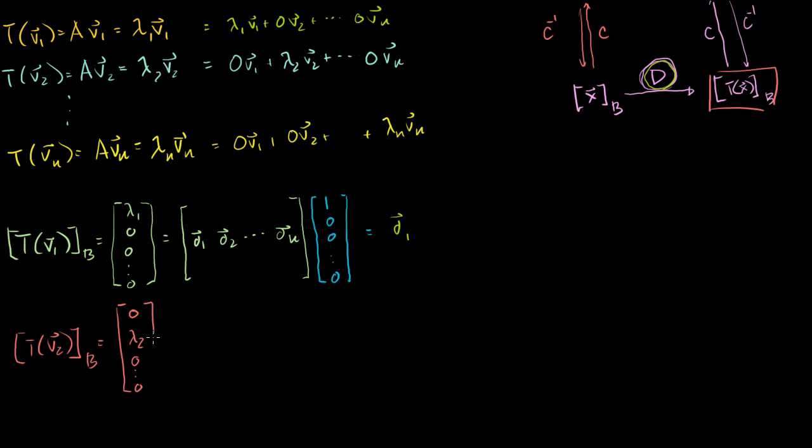That's the same thing as D, with columns d1, d2, all the way through dn, times the B representation of vector v2. Well, v2 is one of the basis vectors. It's just 0 times v1 plus 1 times v2 plus 0 times v3, and the rest is 0. So this is 0 times d1 plus 1 times d2 and 0 times everything else. So it's equal to d2.